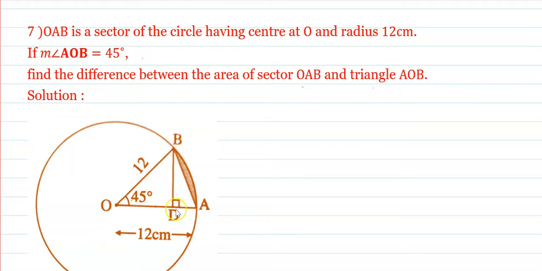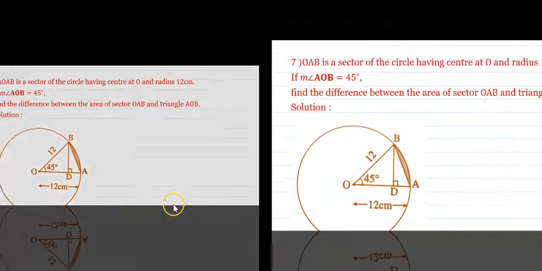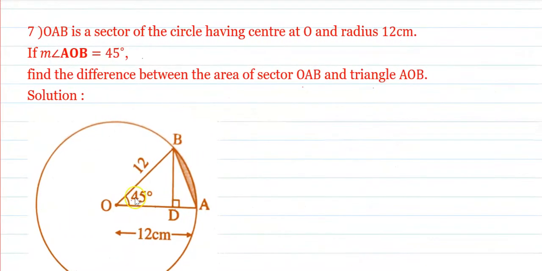From B, we will draw the perpendicular BD to OA, and that is the height of this triangle. That is the side opposite to angle 45. This is BD, and this is nothing but 1 upon root 2 into the hypotenuse OB. That is the height of this triangle, and we can find out the area of the triangle, 1 upon 2 base into height.